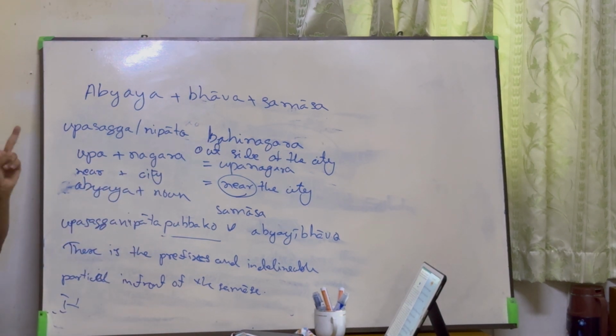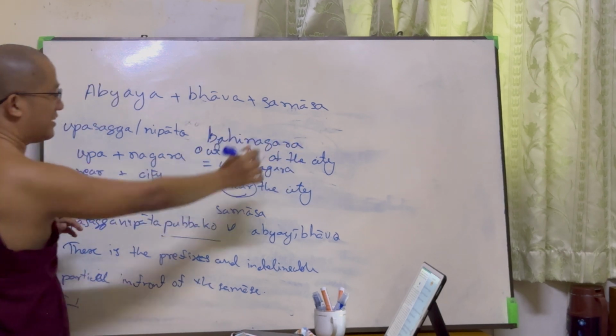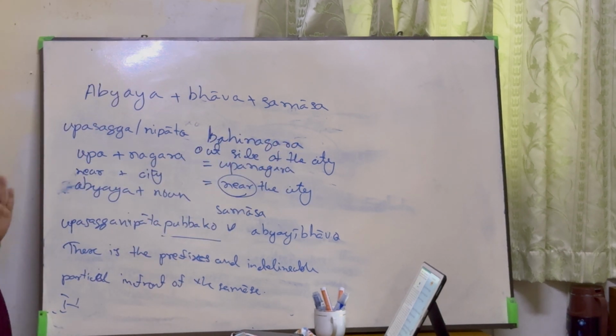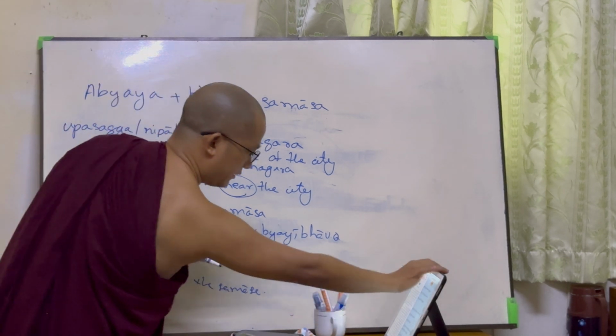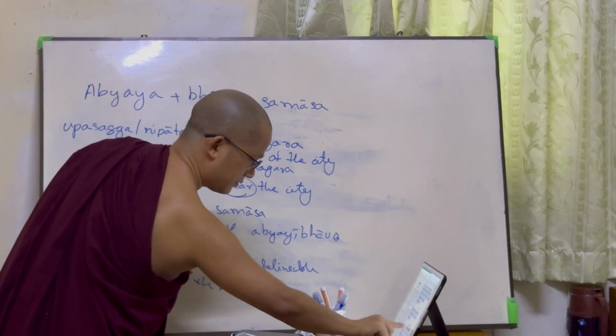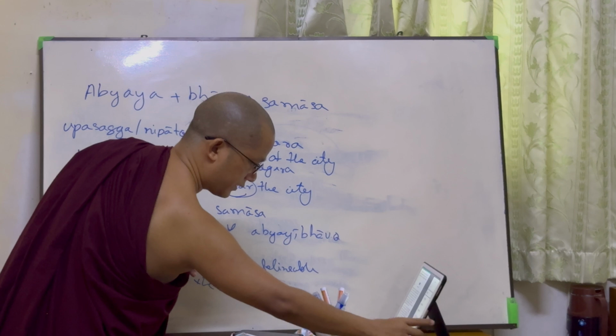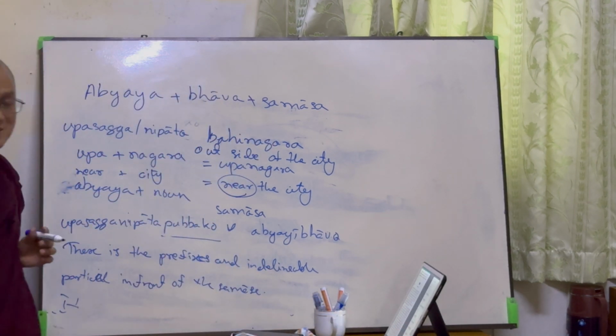We need to know the two. Just by seeing the word, we cannot distinguish without knowing the meaning. In Samāsa, we need to know the meaning also. Bahi Nagara, outside, is Bahuvrihi Samāsa.